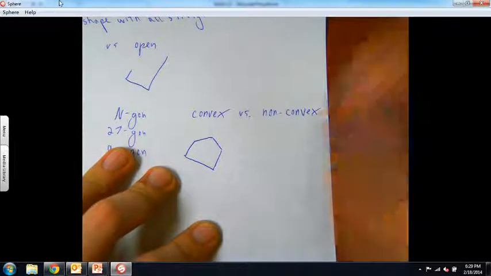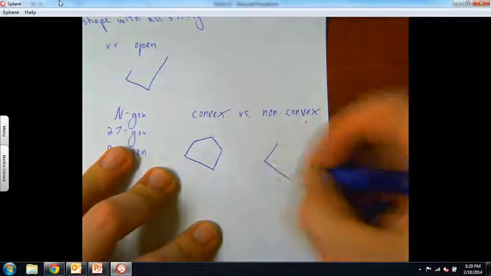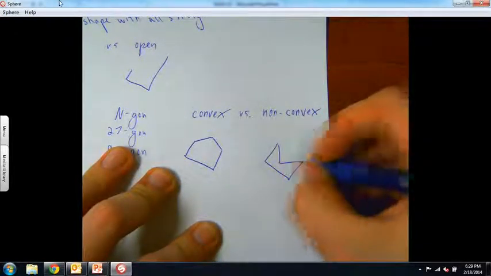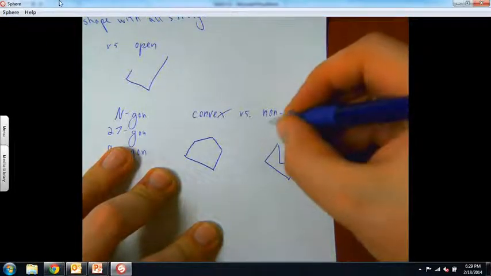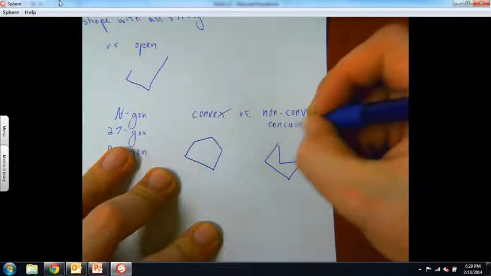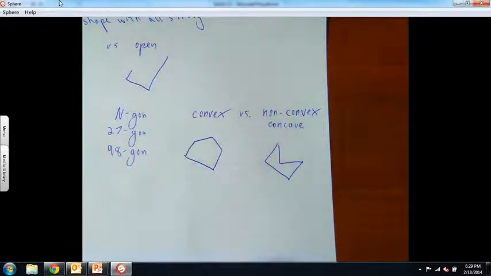A non-convex means it's caved in somewhere. It is also called a concave polygon. Mostly we deal with convex polygons, but occasionally we will see the non-convex or the concave polygons.